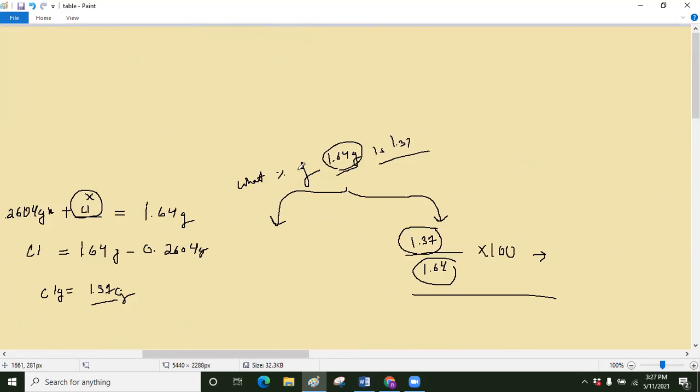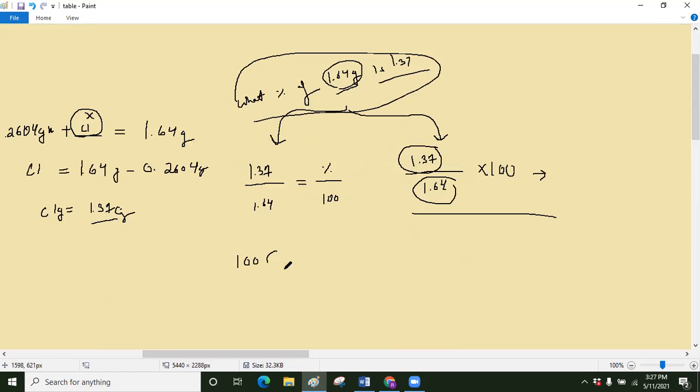Or if you want, what percent of this is that? So you have a part which is 1.37 of 1.64 equals the percent. You're now solving for the percent over the indispensable part of the formula, which is 100.